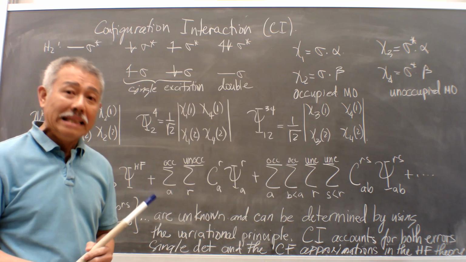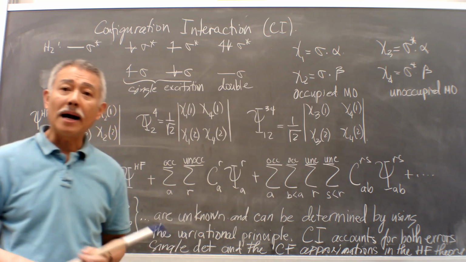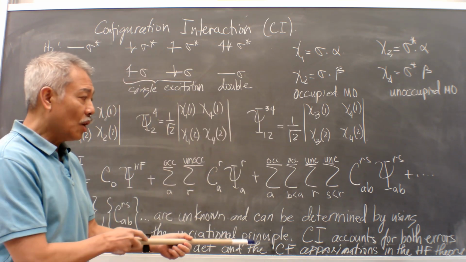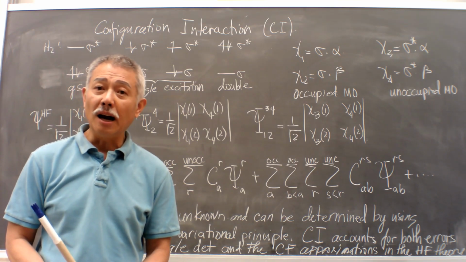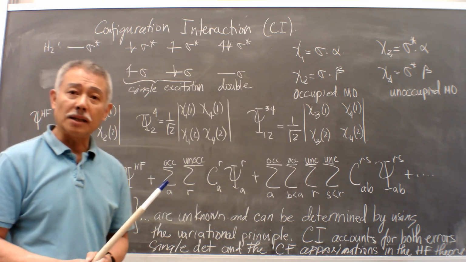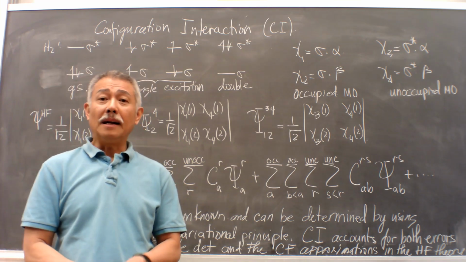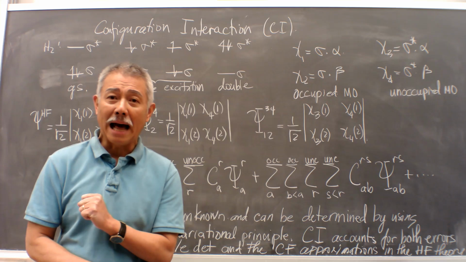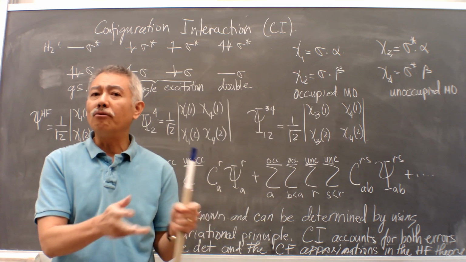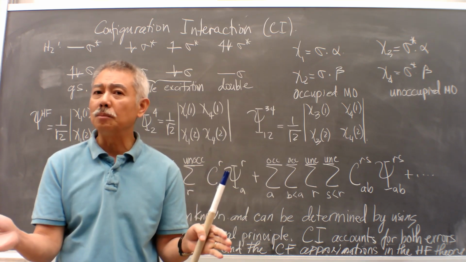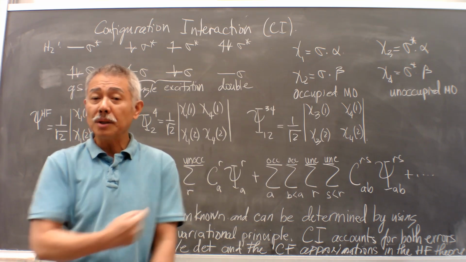Now, what's neat is that the CI wave function, by adding the contribution from excitations, is not only accounting for the errors in the Hartree-Fock wave functions, but also accounting for the mean field approximation. How so? Imagine this. In the mean field approximation, you are a blind person. You only sense the existence of other students in the classroom by the potential acting on your skin. Where they sit, they send that potential to your skin.